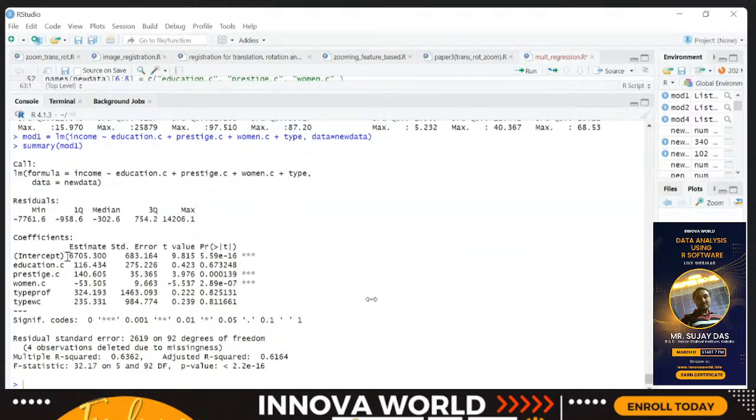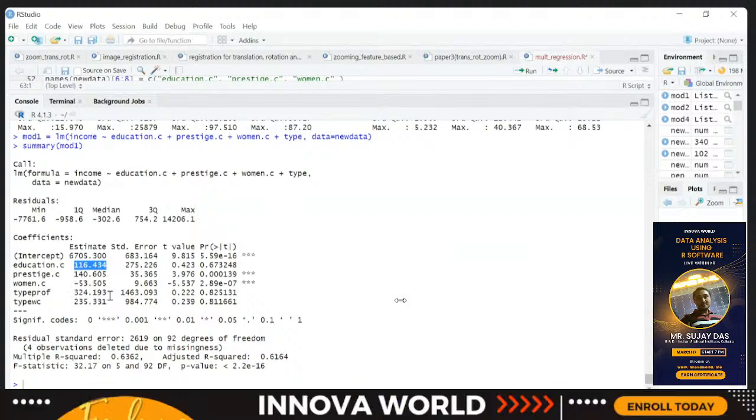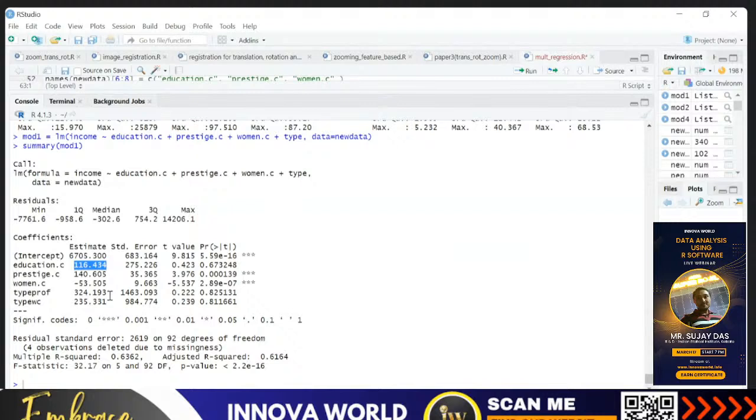This is the intercept part, and this is the value for education.c, this is prestige.c, this is women.c. There was only one type variable, but we can see there are 2 more variables that have been added: type prof and type wc. We will explain later why from one variable they have created 2 variables, in a short period of time.